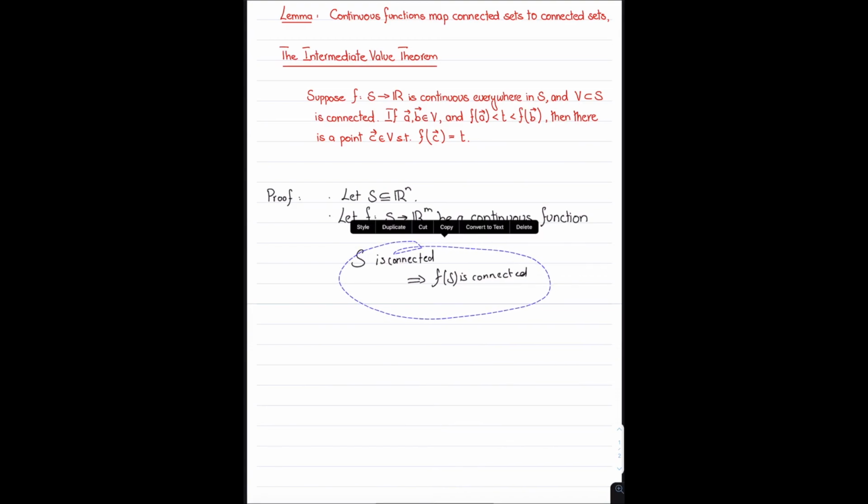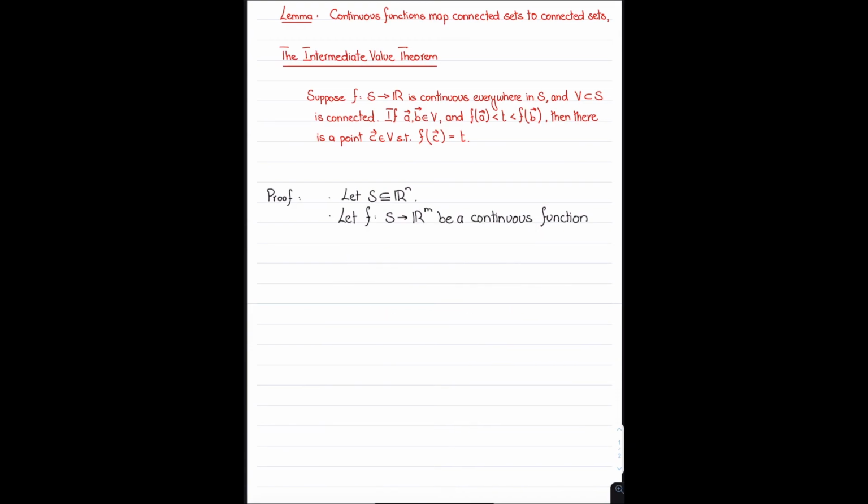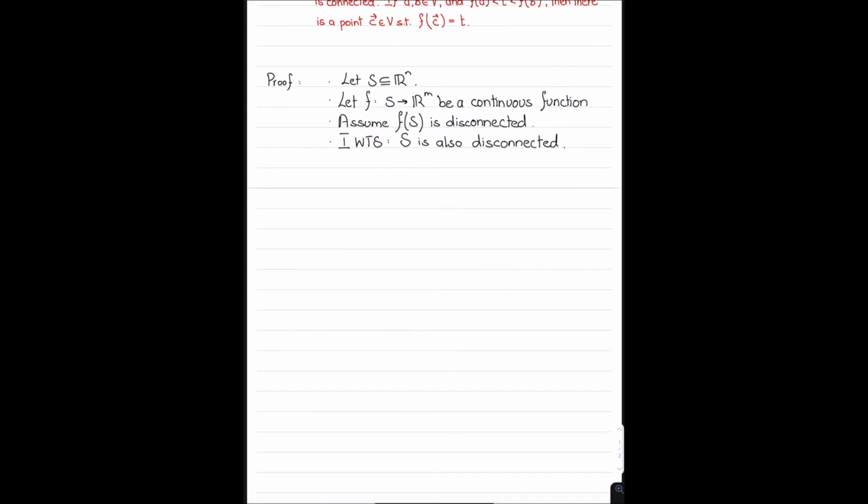So my assumption will be that f of S is disconnected, and I want to show S is also disconnected.